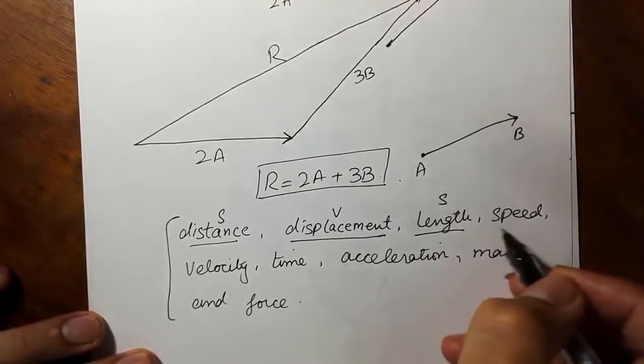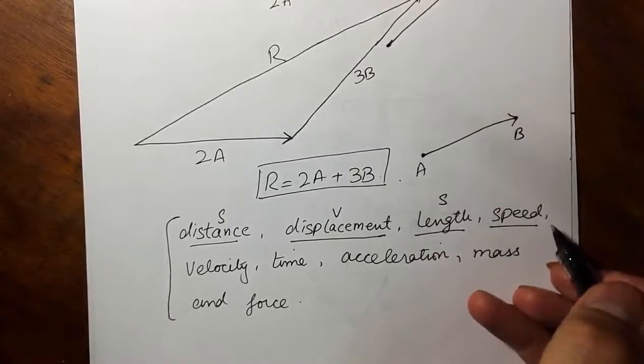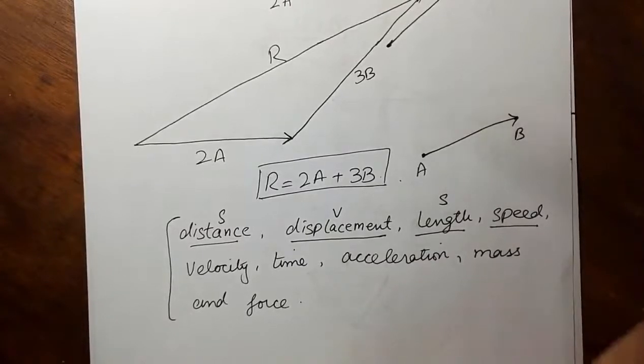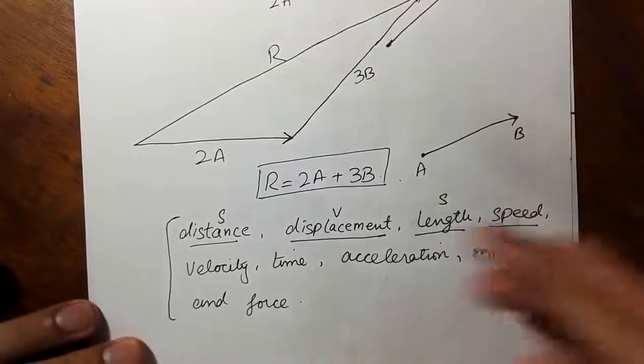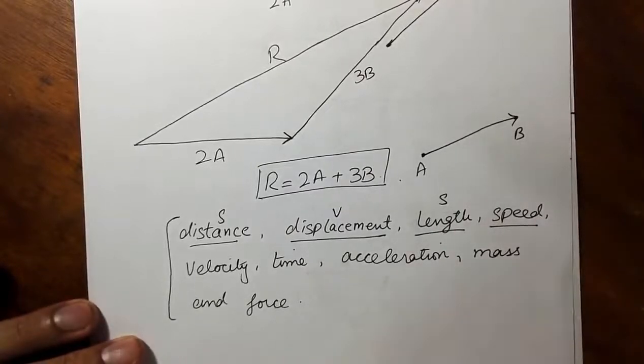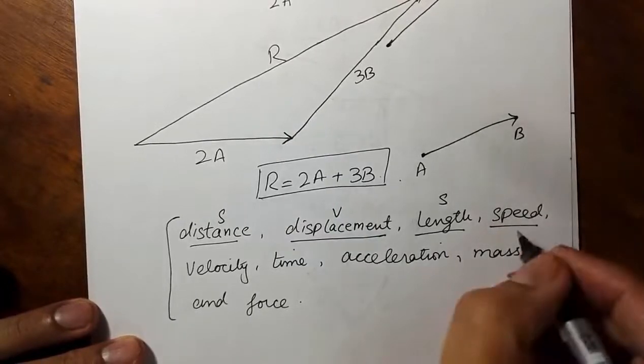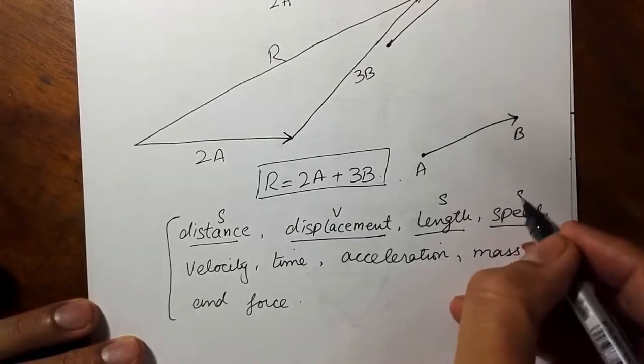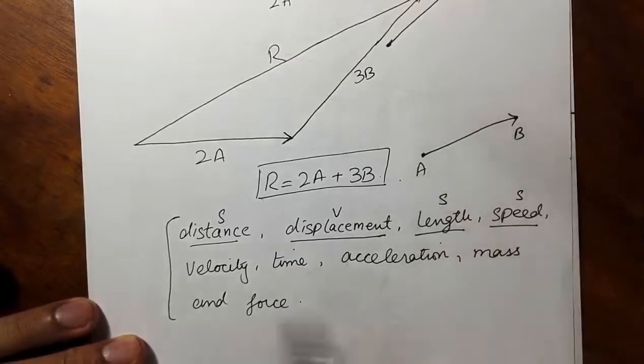Now speed. Speed is the time rate of change of distance. Speed is equal to distance over time. So distance is a scalar quantity, time is also a scalar quantity, so speed will also be a scalar quantity. Next, velocity. The definition of velocity is displacement over time.